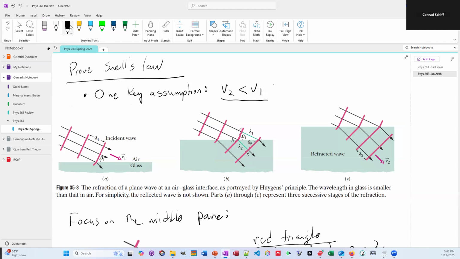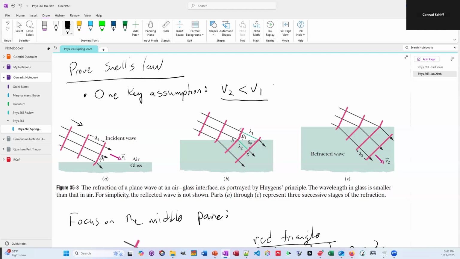And so you can see this wave comes in here, and because it's coming at an oblique angle, when part of the wave hits, it slows down. And in slowing down, it effectively has to turn the wave fronts. They have to, in order to keep up, they hit the glass and they slow down.